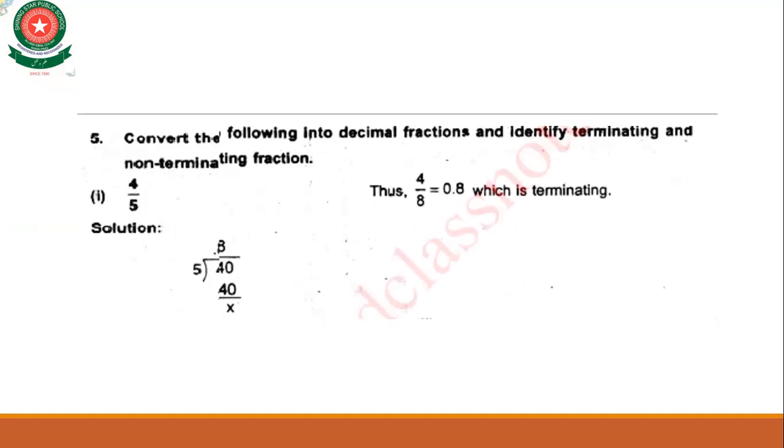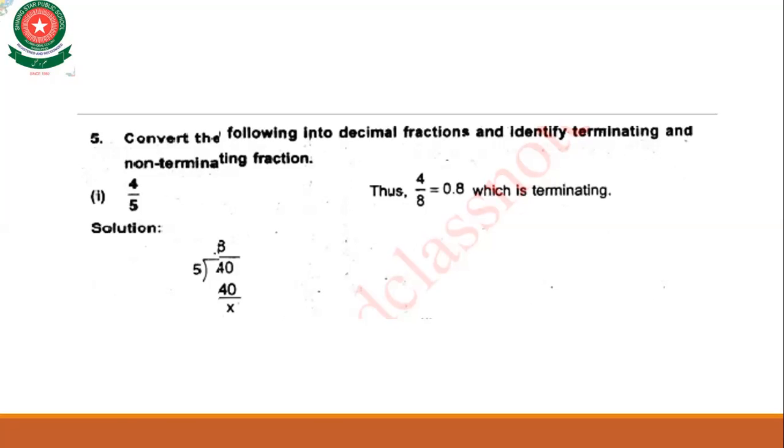Now part number 5, which is to convert the following into decimal fractions and identify terminating and non-terminating fractions. And part number 1 is 4 by 5. Solution is, first of all, we have to write the 4 inside the division bracket and 5 outside. Then we know that 5 is greater than 4.